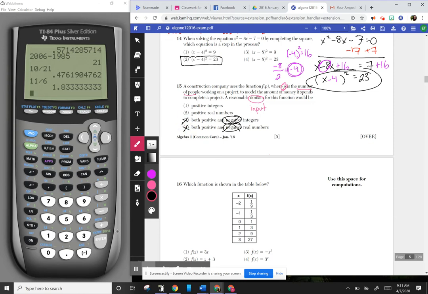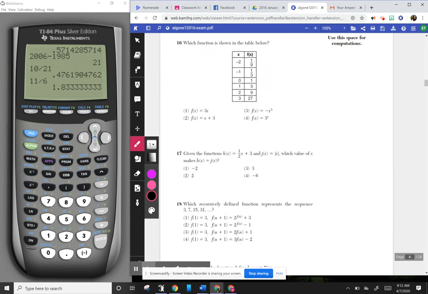And the difference between integers and real numbers is that integers are whole numbers, while real numbers can be decimals. And we cannot have half a person or 2.7 of a person. So it can't be the real numbers, it has to be integers.